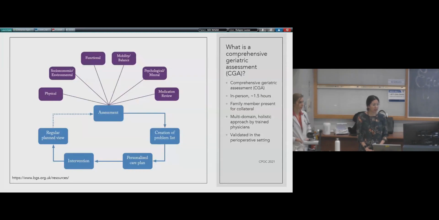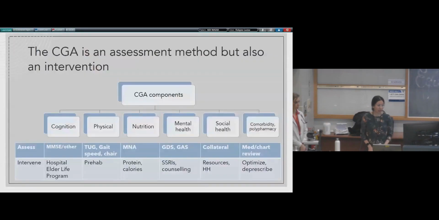And it's a multi-domain holistic approach that we take on as geriatricians, where we look at not only their medical issues, but we look at their physical health, the socioeconomic and environmental factors, their functional history, as well as their function as it relates to mobility and balance, their psychological and mental health, and then doing a polypharmacy or more thorough medication review. And based on looking at all of these various components of their health, we create a problem list and offer personalized care plans that then have interventions.